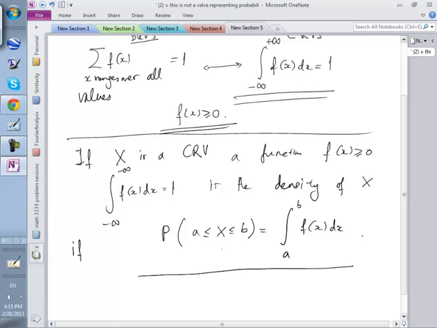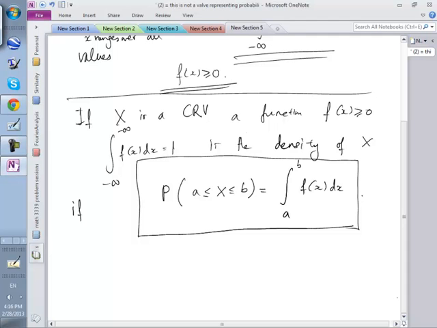So this is the key formula that defines what density is, and it tells us how to use density to calculate probabilities.